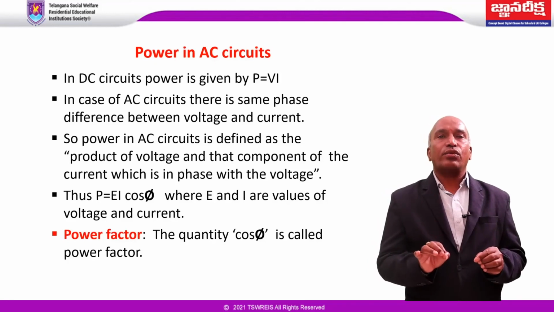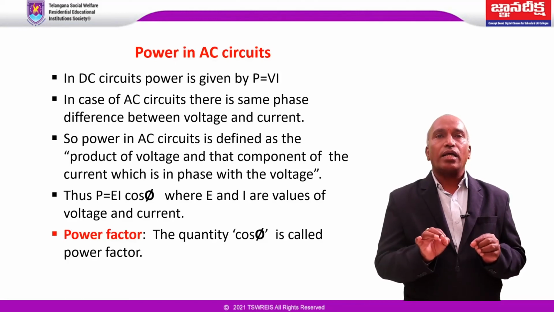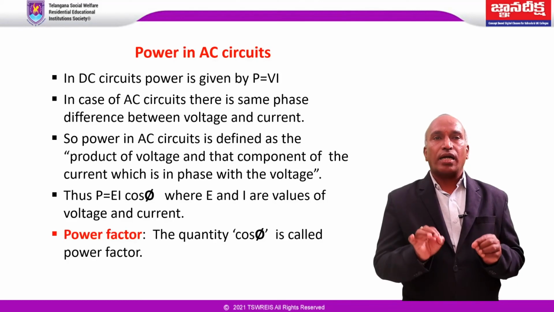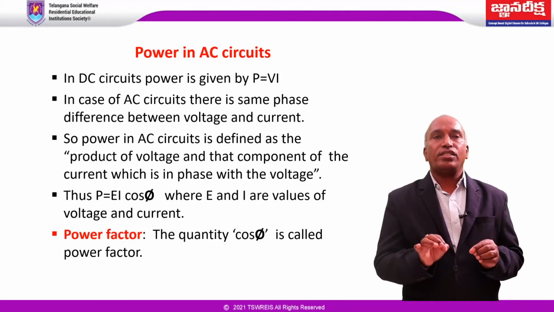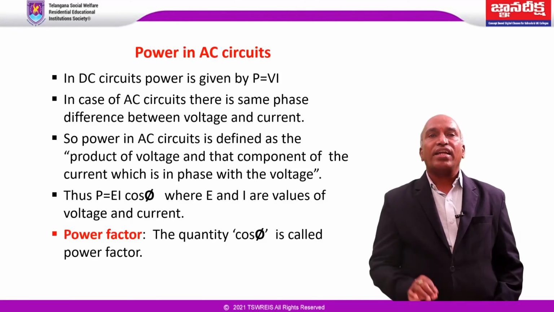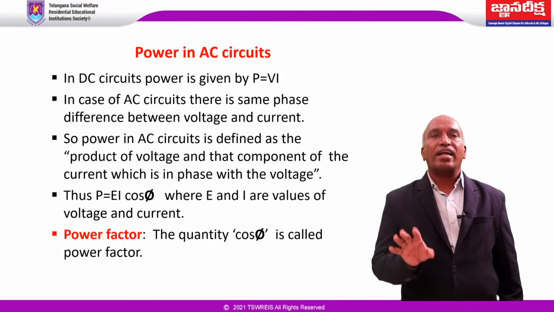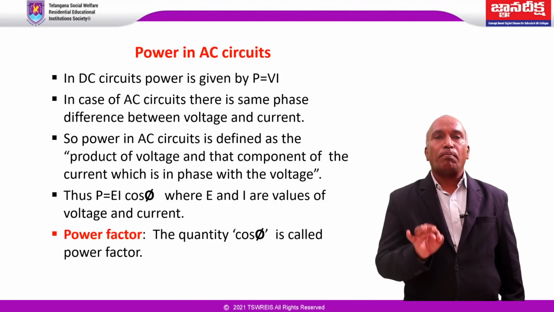Power in AC circuits is defined as the product of voltage and that component of the current which is in phase with the voltage. Thus, P is equal to EI cos phi, where E and I are values of voltage and current. Power factor: the quantity cos phi is called power factor.